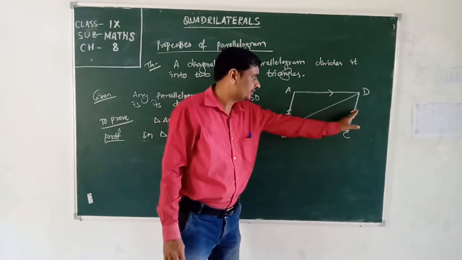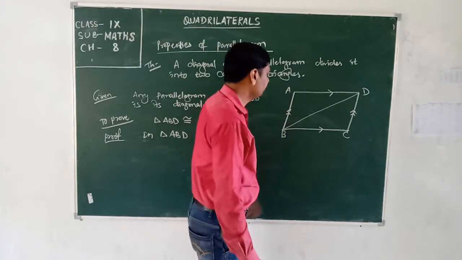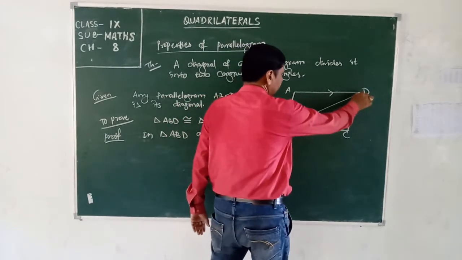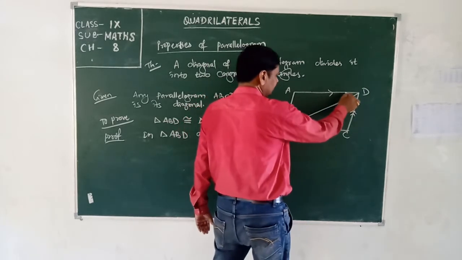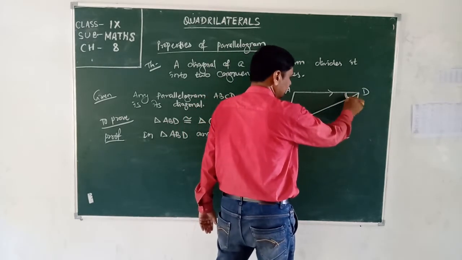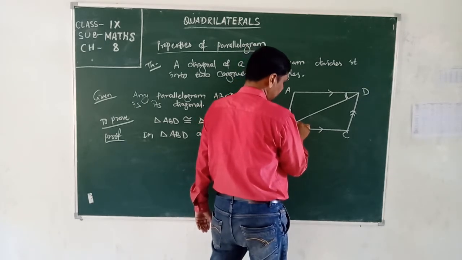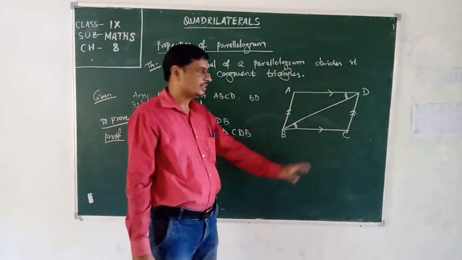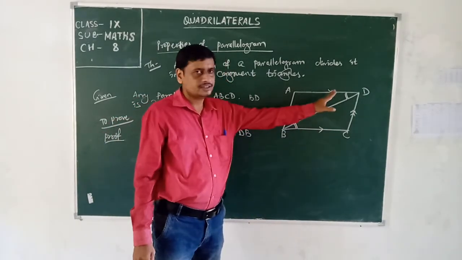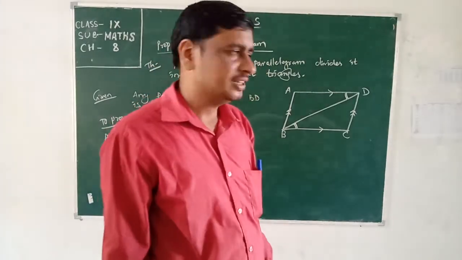If two lines are parallel and there is a transversal, then this angle becomes equal to this angle by the alternate angles property.